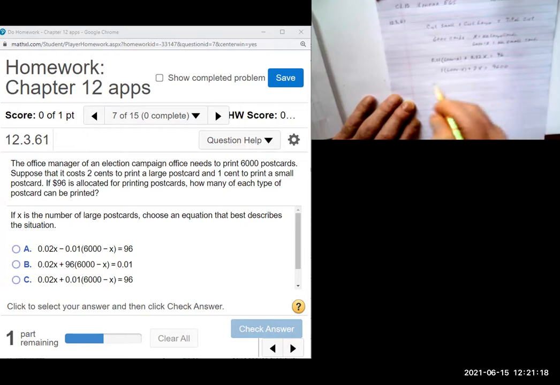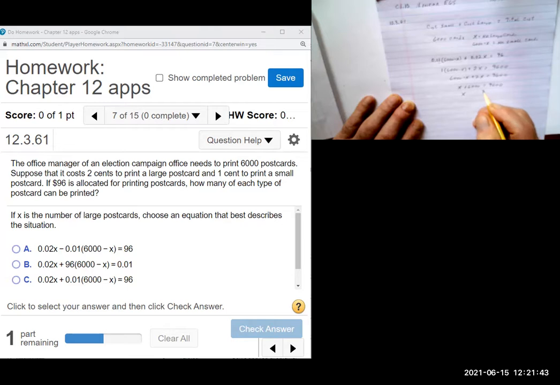So here the equation is in penny format, that's in dollar format. Getting rid of the parentheses, I have 6,000 minus X plus 2X is equal to 9,600. And when we combine, we're going to have X plus 6,000 equals 9,600.